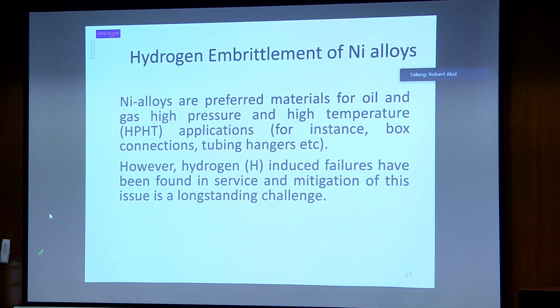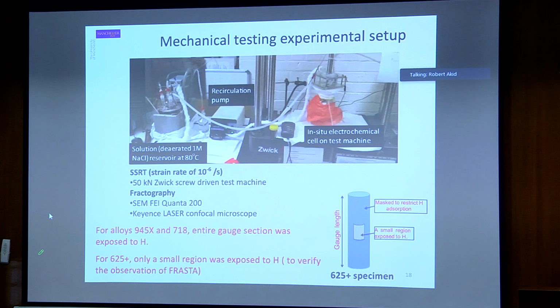And our interest has been in the nickel superalloys, which are preferred materials for oil and gas, and whilst they're extremely corrosion resistant, they do suffer from hydrogen embrittlement. And this has been a long-standing issue.